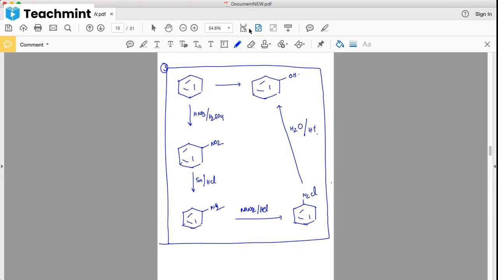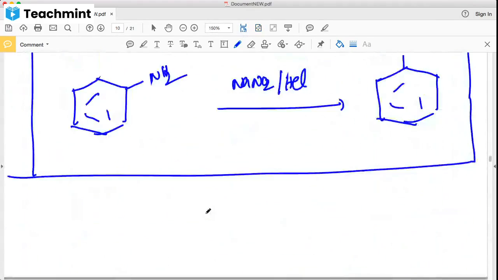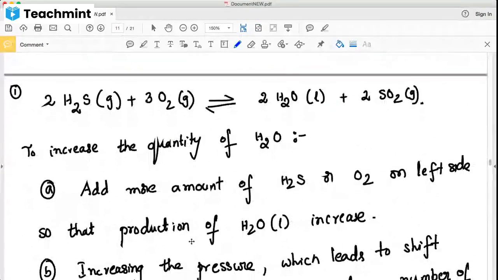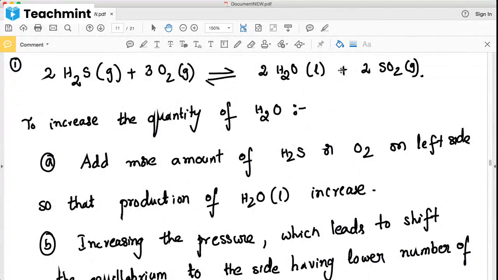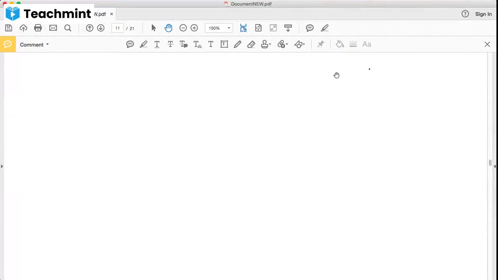This is one type of conversion. There is also another way. You can take benzene and react it with SO3 in presence of sulfuric acid.